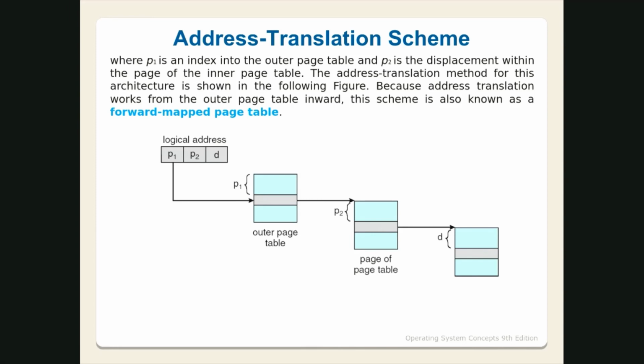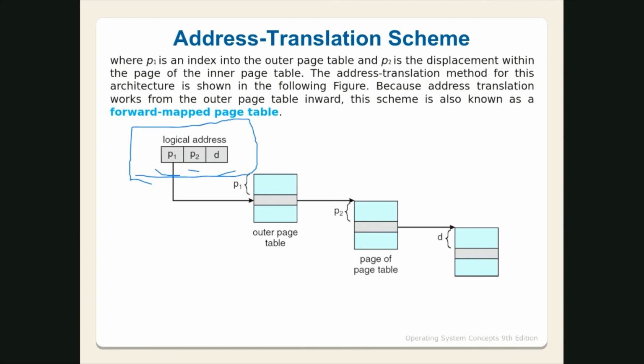So this is the address translation. As I told you a few minutes ago, the logical address contains three things: the outer page number P1, the inner page number P2, and the displacement. It starts from the outer page and then the inner page. So this is called a forward-mapped page table.